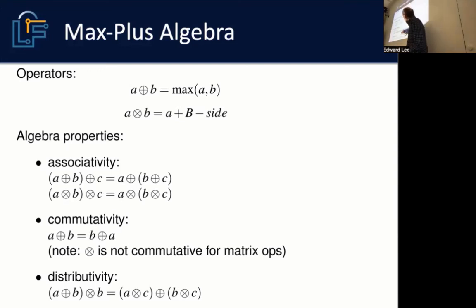And multiplication distributes over addition. So if you look at the sum of B plus the maximum of A or B, that's the same as the maximum of the sum of A and C and the sum of B and C. Okay. So question? Yeah.